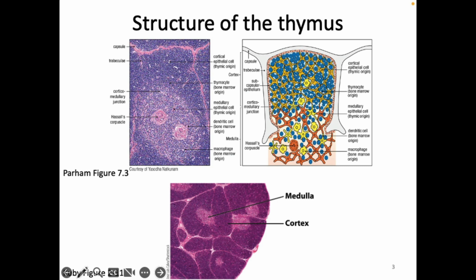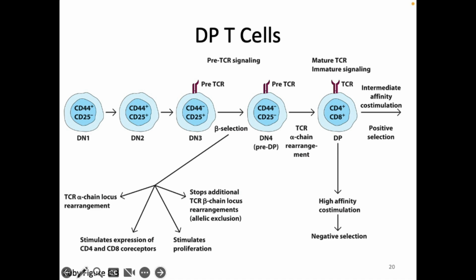Because it has more cells, because that's where they're proliferating. It proliferates after the beta chain and after the alpha chain. Like, you made a good beta chain, nice job. And now you made a good alpha chain, nice job.